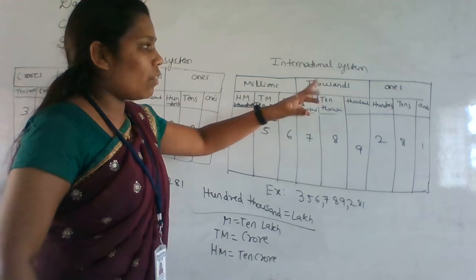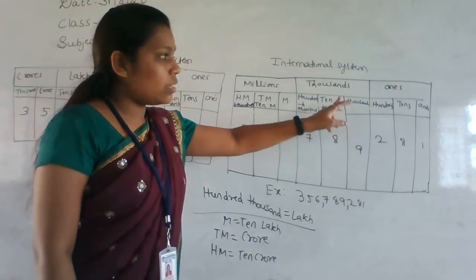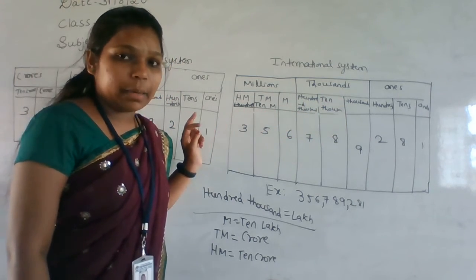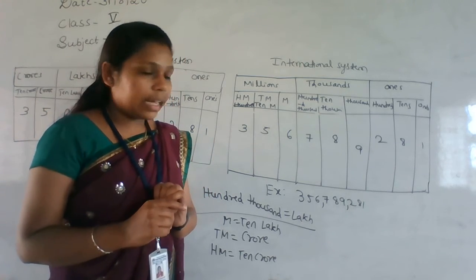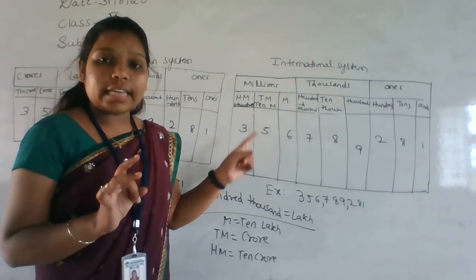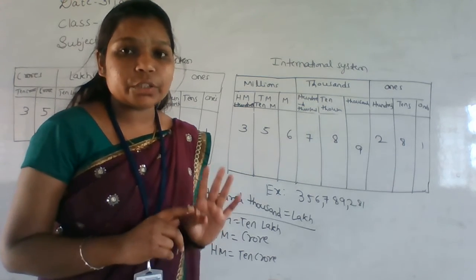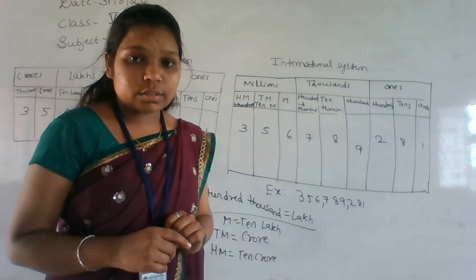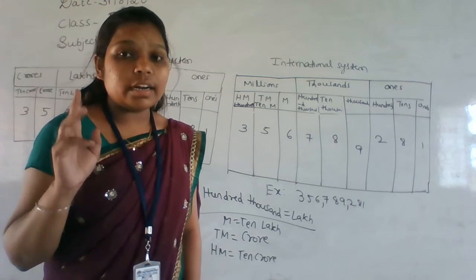In this we have ones, thousands and millions, starting with ones, tens, hundreds, thousands, 10,000s, 100,000s, million, 10 million, 100 million. Okay, in the Indian system of numeration: ones, tens, hundreds, thousands, 10,000s, lakh, 10 lakh, crore, 10 crore.